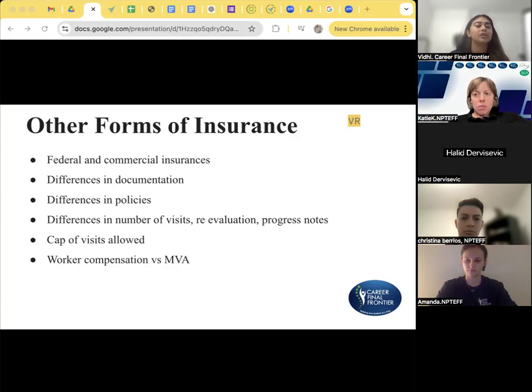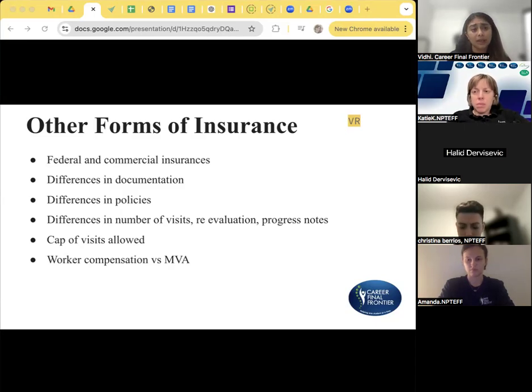The 2 main other insurances that you see in an outpatient setting are workman's compensation and motor vehicle accidents. Workman's comp is also a very common insurance where people get injured at work and are provided care from their workman's compensation insurance. Again, there's an adjuster from the patient's workplace involved in approving or denying care depending upon what they've reported and what the incident looks like.